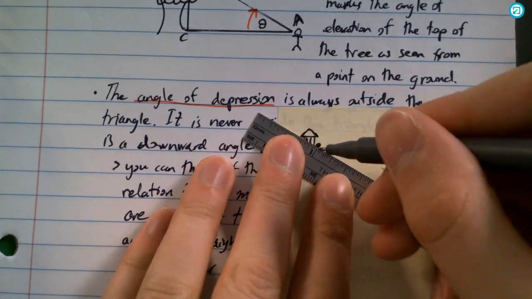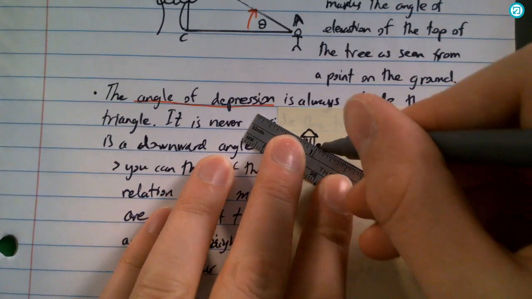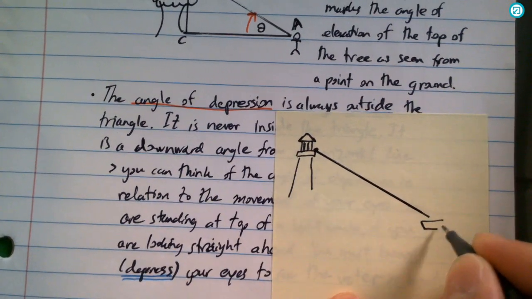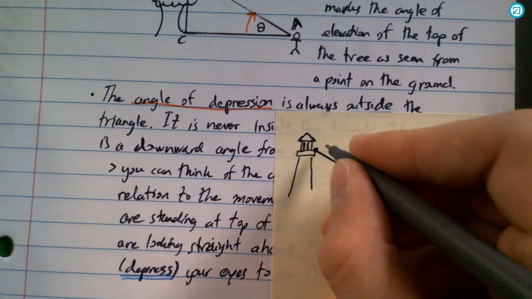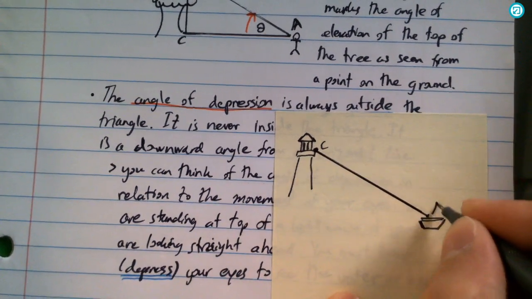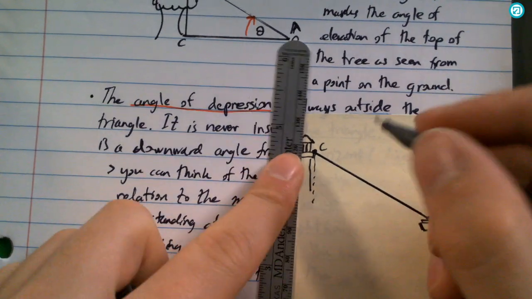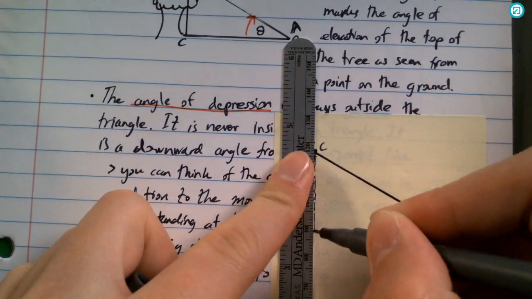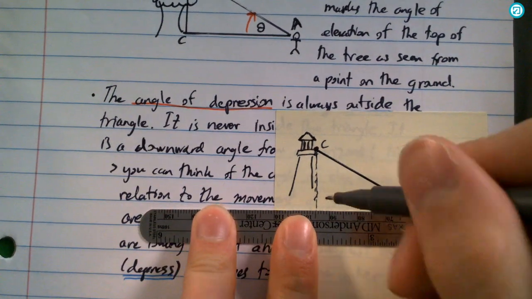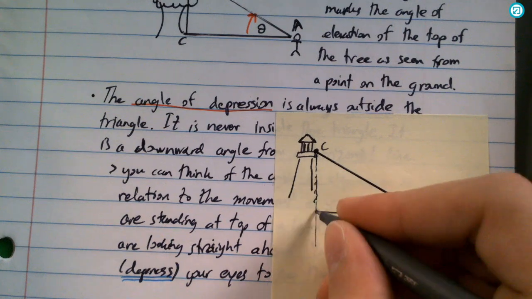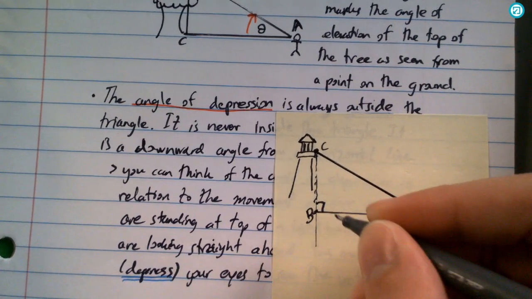Okay? We see a boat down there. Okay, let's say we see a boat. Okay? We'll call this C. We'll call this A. And then the height from here all the way down to where this line meets this line. There we go. Okay? And then we'll call this B, which of course is a right angle.